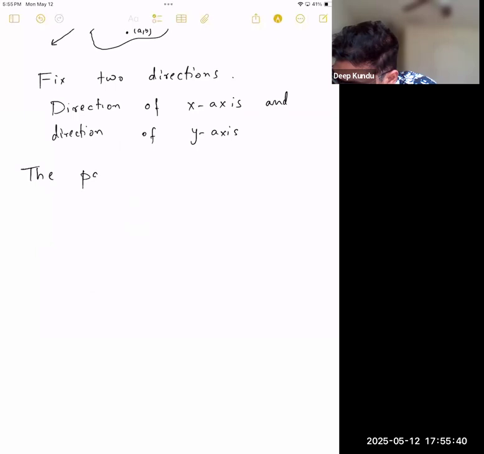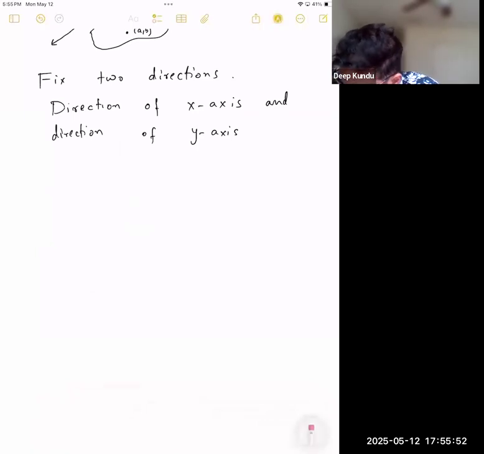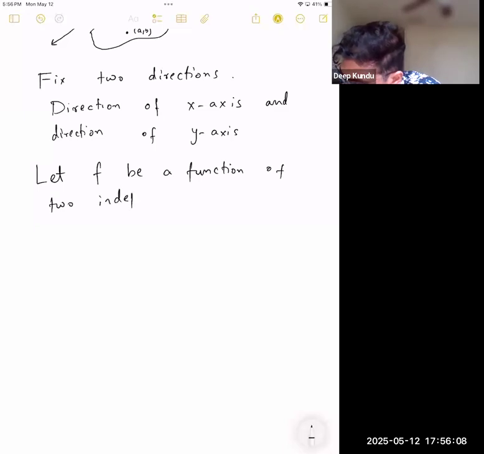So the partial derivative, okay, let me first start with the function. Let f be a function of two independent variables.